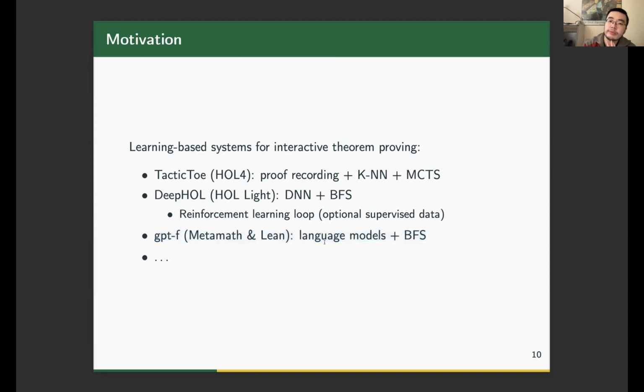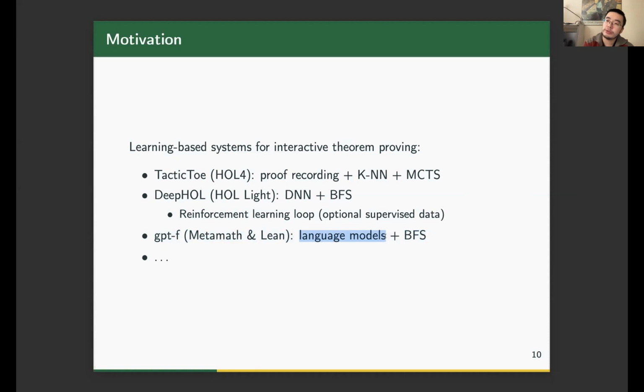What we mean by language models here is that it treats interactive theorem proving, or general theorem proving in math, as a natural language or neural translation problem. You can think of your goal as the source language, and you can think of your proof step, or more generally your proof, as the target language.